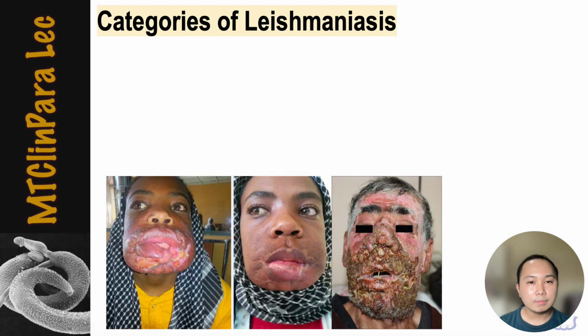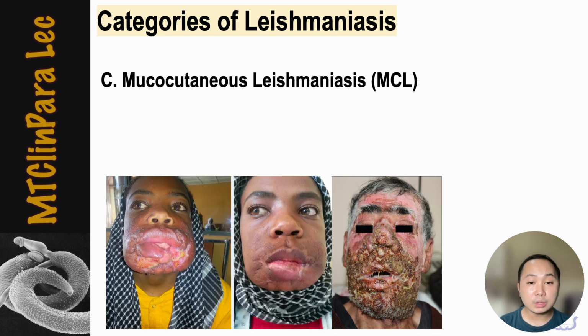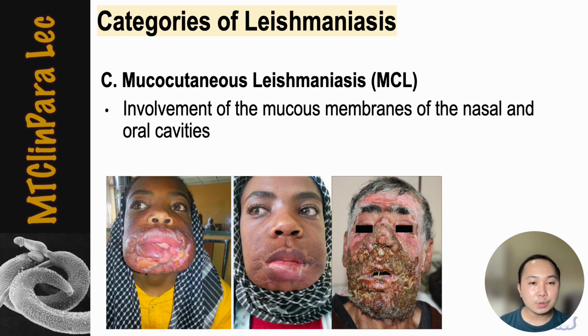Okay? So the next category for Leishmaniasis is the mucocutaneous Leishmaniasis, or MCL. Your MCL involves the mucous membranes of the nasal and oral cavity. Just like here in this picture, as you can see, this is still considered a cutaneous disease.